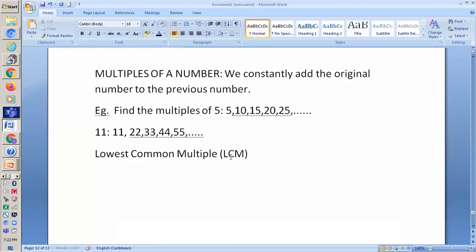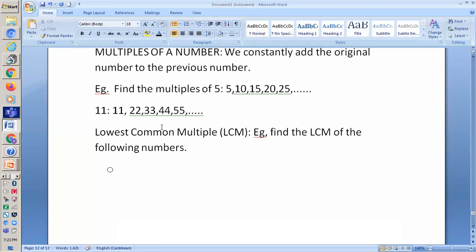So for example, if I say find the LCM of the following numbers, suppose I say 4 and 6.